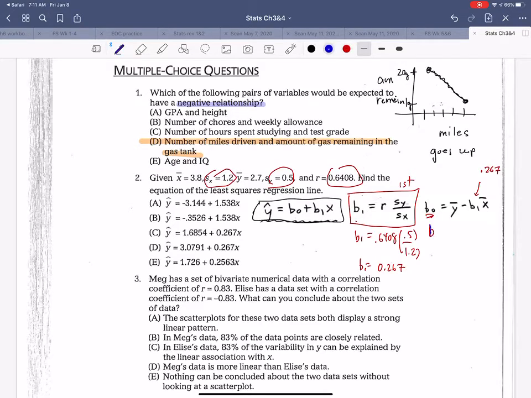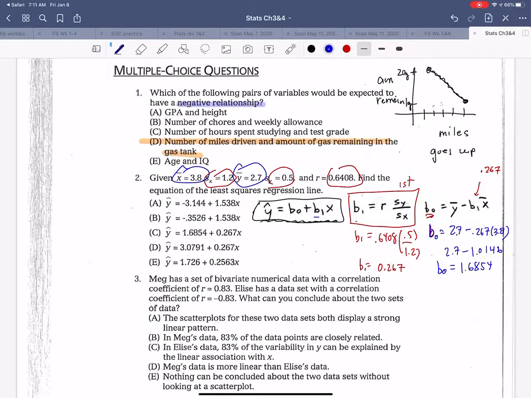I'll use a different color just to keep them straight. So Y bar, the average Y value, is 2.7, and we know this is 0.267, and the average X value is 3.8. So we just do a little crunching here. All right, so B naught is 1.6854.